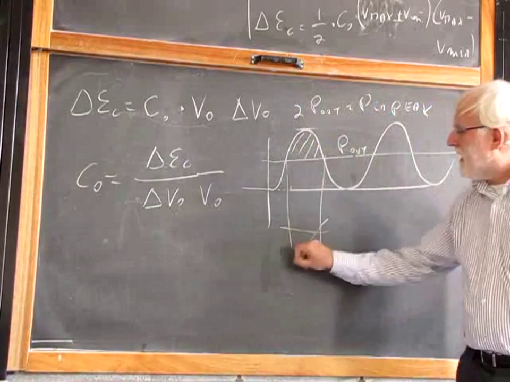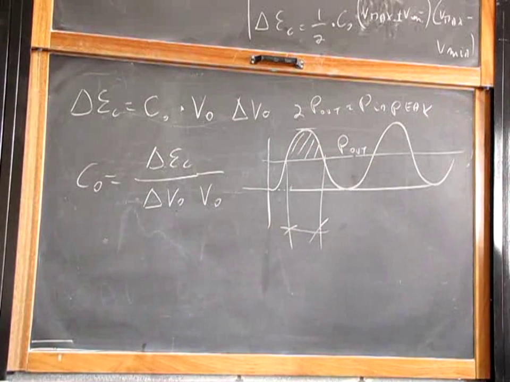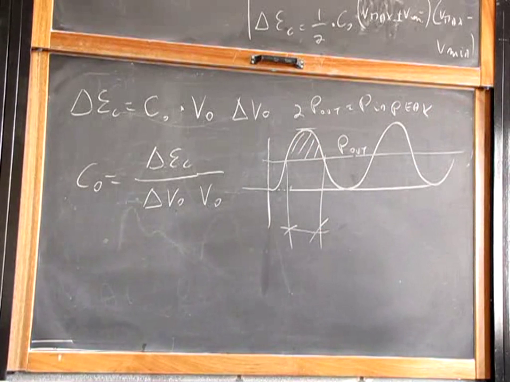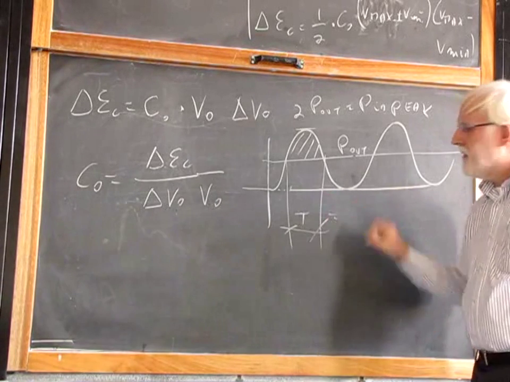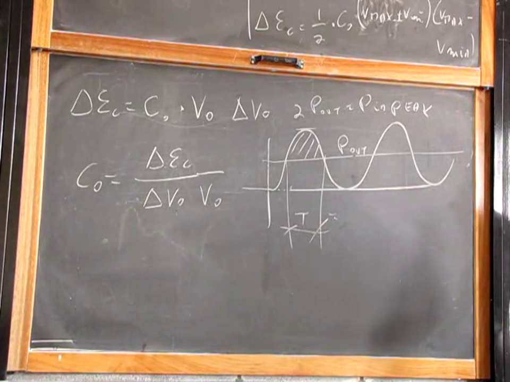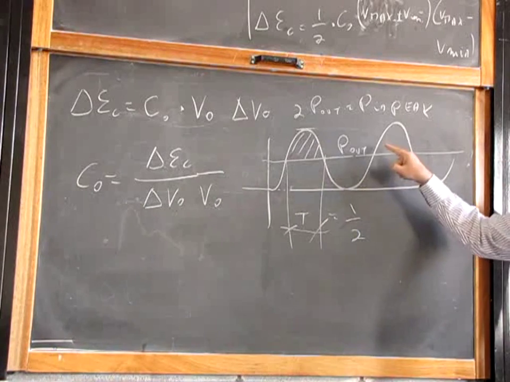How long is this base? The half of the period of the sinusoidal. Period of the sinusoidal, yes? At 50 Hz. Whatever it is, how much is this time? It's 1/2 of this period.